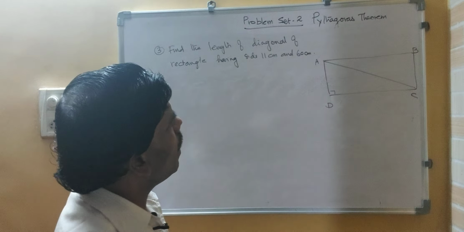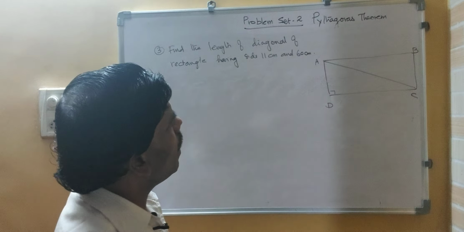A side of an isosceles right angle triangle is X. A, B, C. Now, isosceles triangle means what? Two sides are equal. Okay. Now look at this. This side and this side are equal.